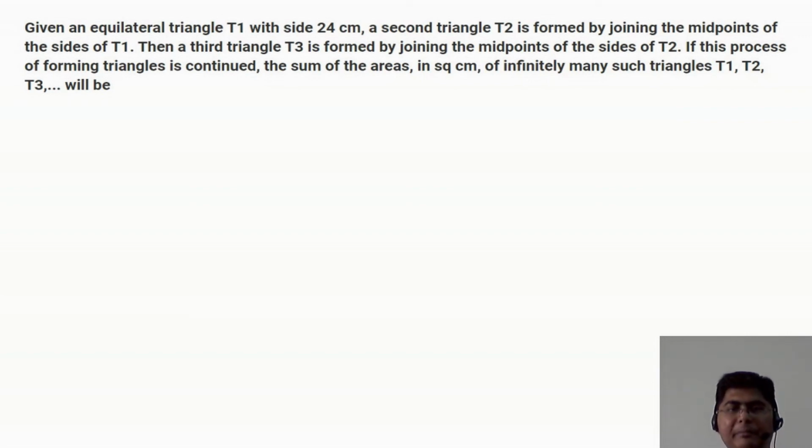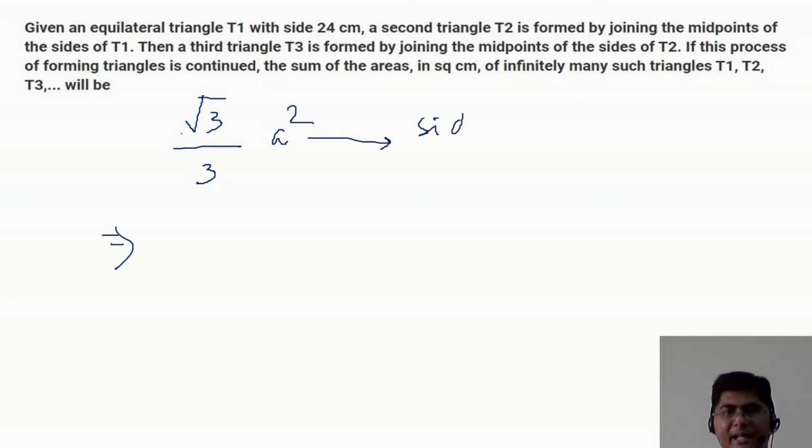After simplifying these equations, we got root 3 by 3 a square. Now what is a? The side of triangle ABC, which is equal to 24.